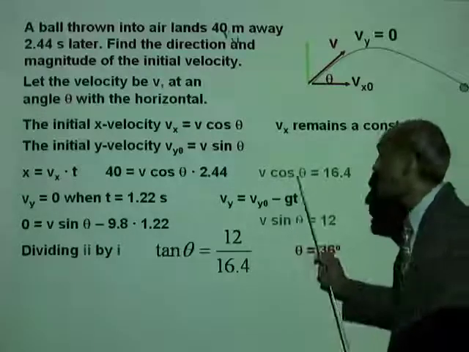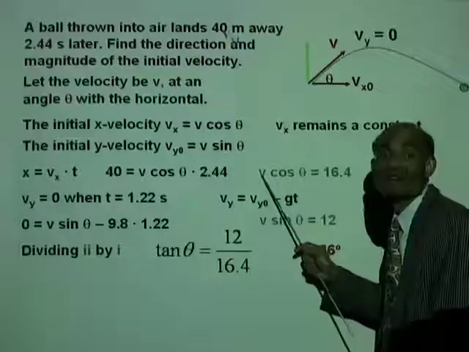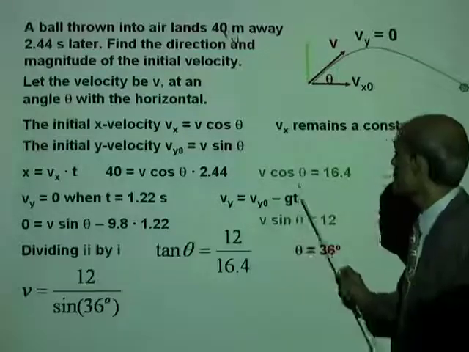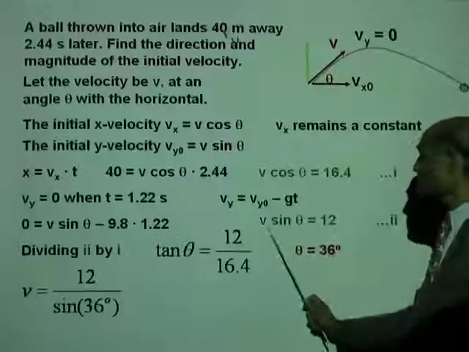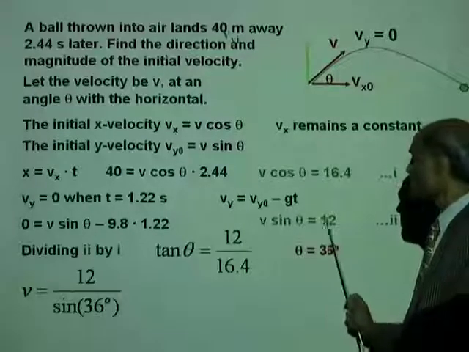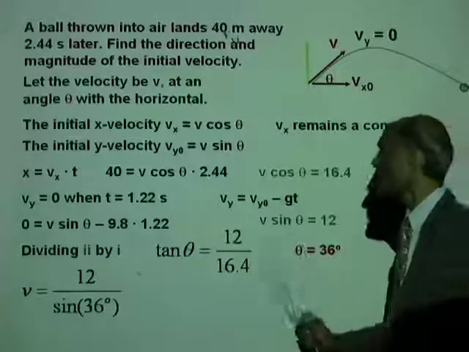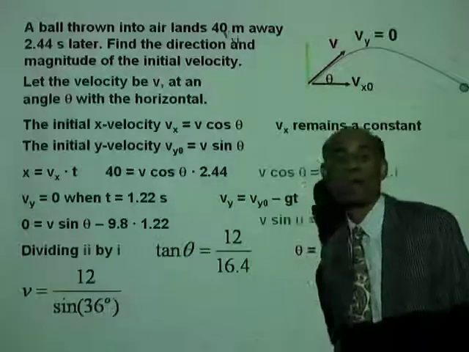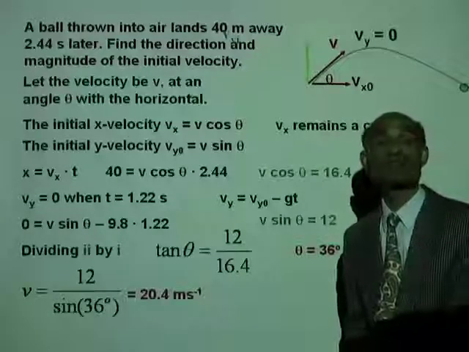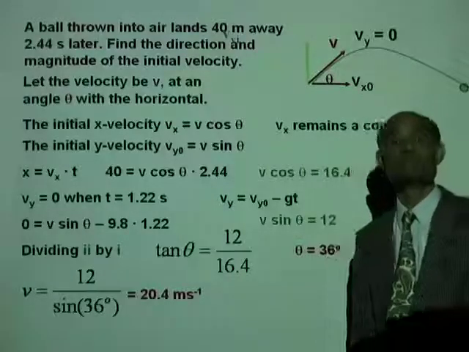And now that you have the angle theta, you can find the value of V. V can be obtained from any of these equations. I used this one. I said V equals 12 divided by sine of 36 degrees, that is 20.4 meters per second.